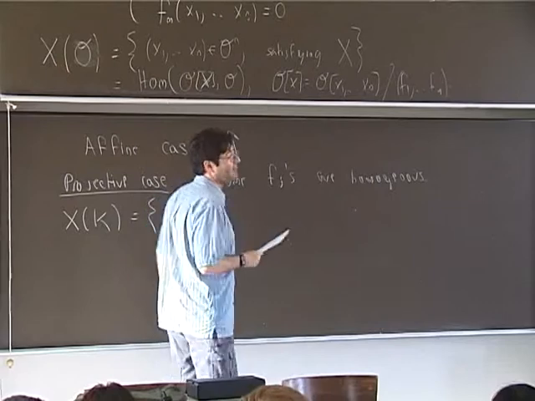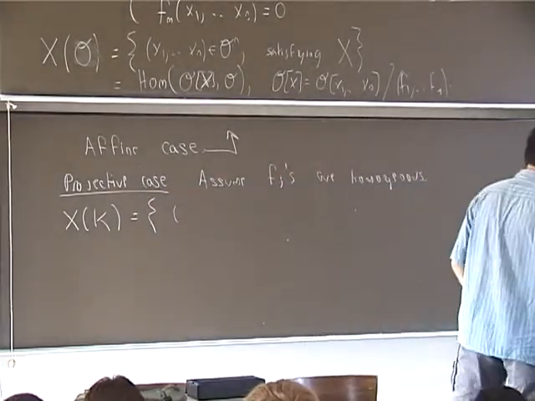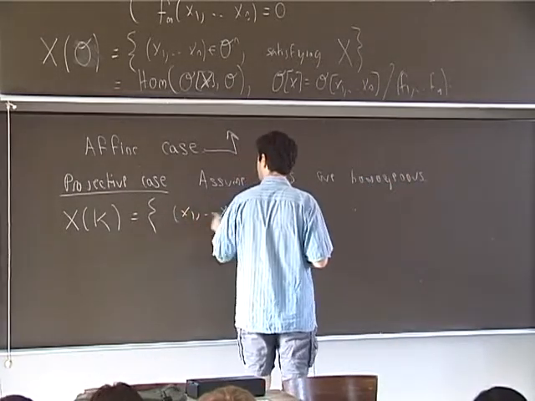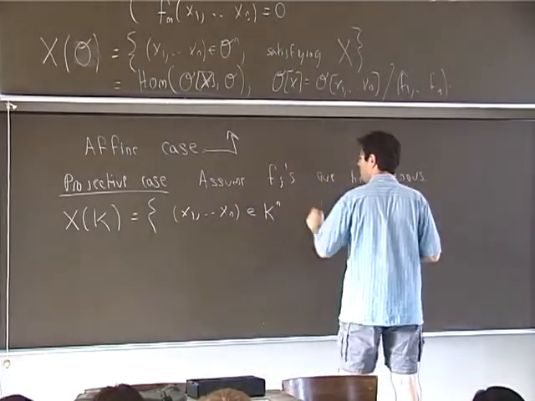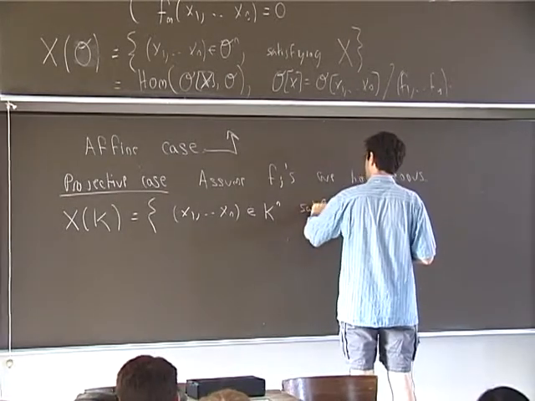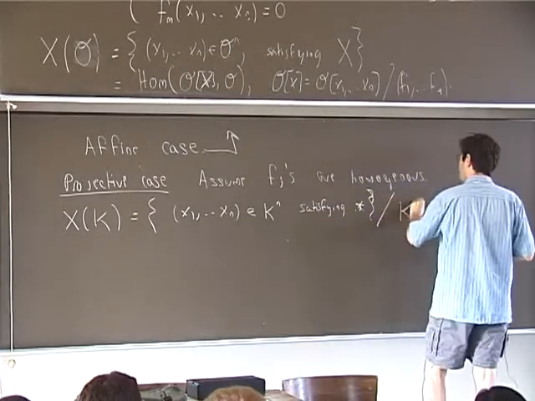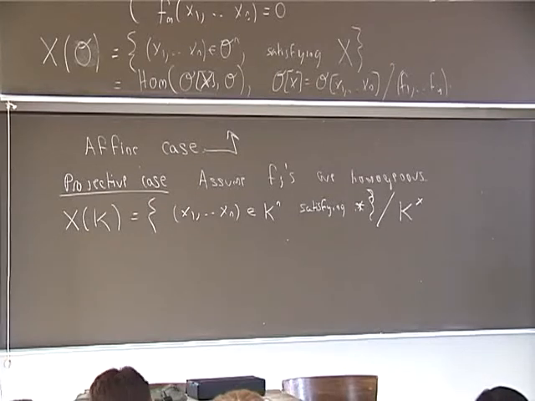This system of equations has an obvious solution, the tuple consisting of the 0 solution. We exclude that one from consideration, and we look at the set of elements (x_1, ..., x_n) with coordinates in the number field k satisfying this equation, modulo the natural action of k^*. I mean, if we take any solution and we scale it by a non-zero element of k, we get another solution, and so we want to identify two solutions that differ in this way.